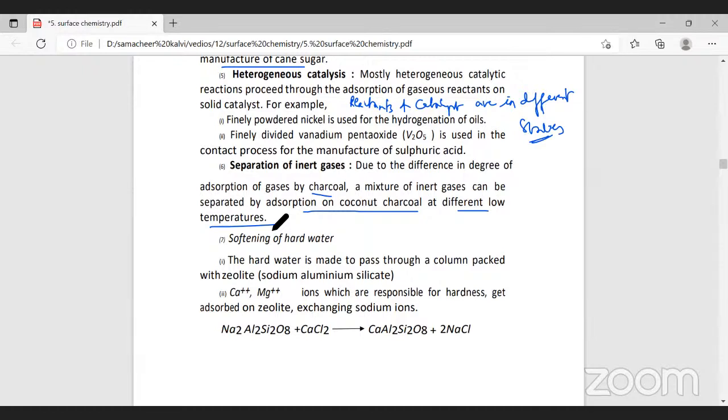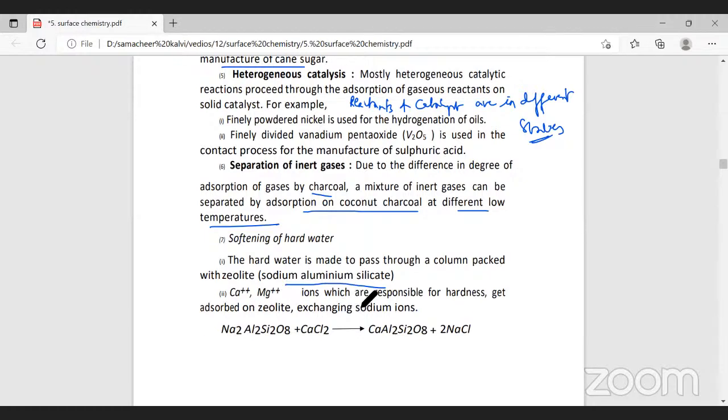The seventh application is softening of hard water. Hard water is due to the presence of calcium and magnesium salts, so hard water will not give lather with soap. Hard water is passed through a column packed with zeolites, which are sodium aluminum silicates.